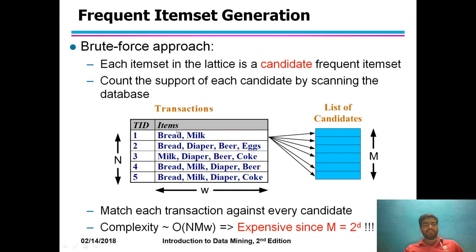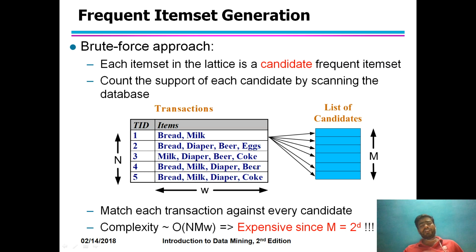Similarly, count the support for each candidate by scanning the database. Here n is the number of transactions and w is the maximum transaction width. So match each transaction against every candidate.